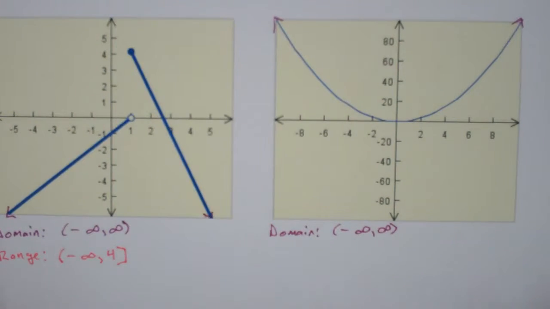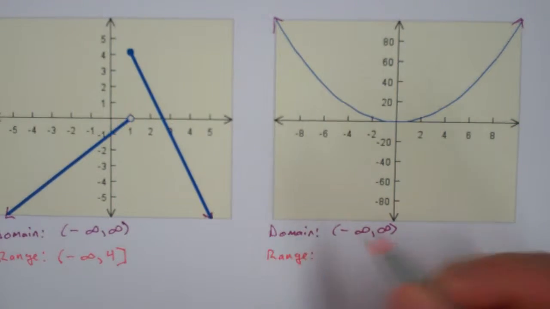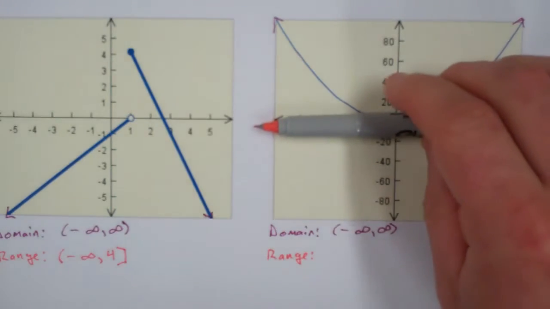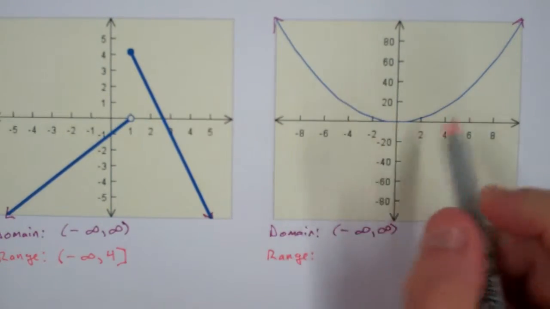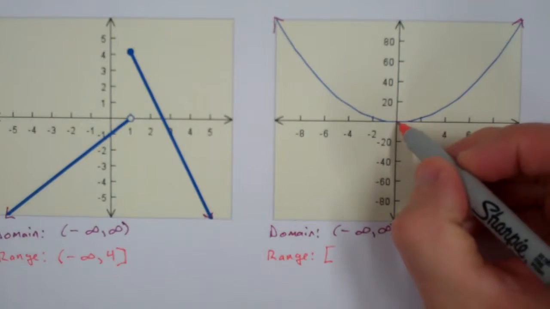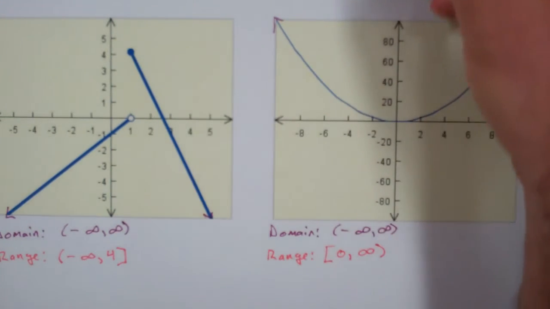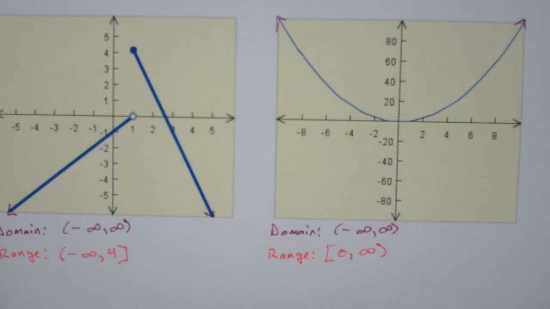And for the range, this graph begins at 0 and then continues to infinity. And 0 is a point right here that's on the graph, so we want to include it. And then the possible values of y just are all the ones that are up here, so all the way to infinity.